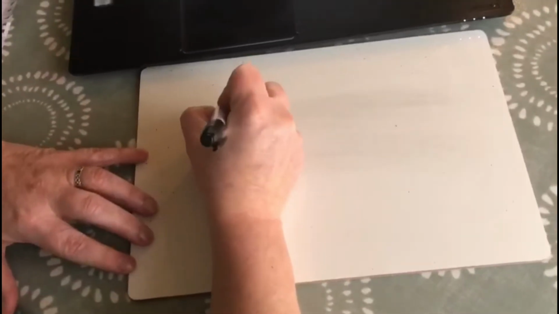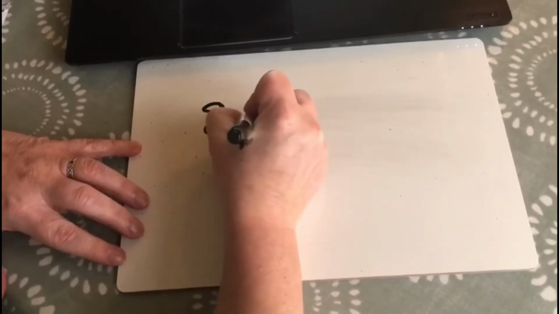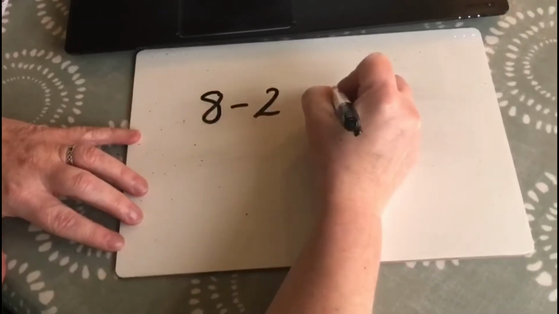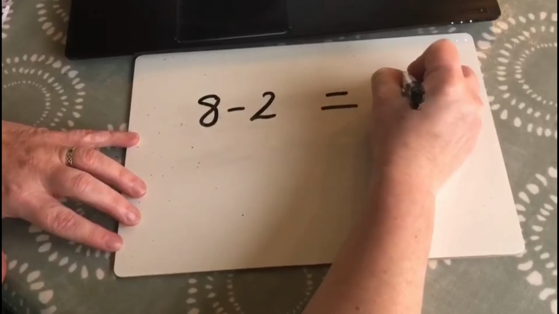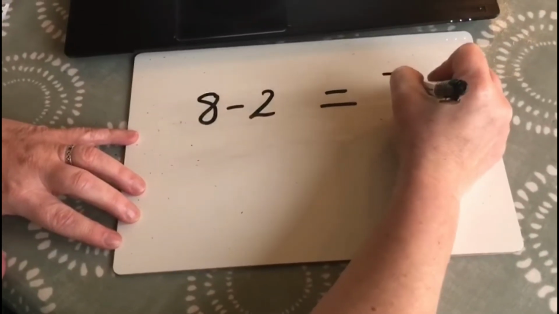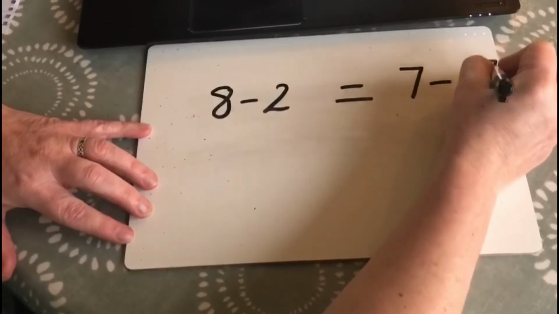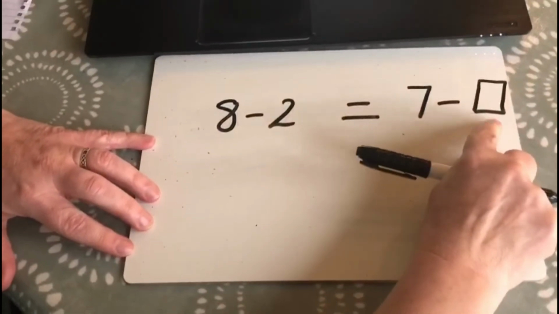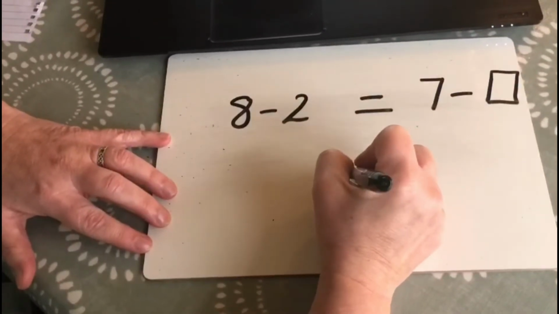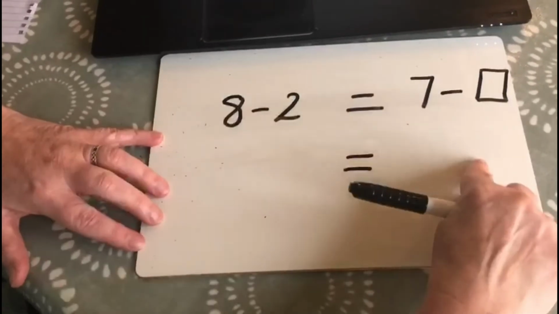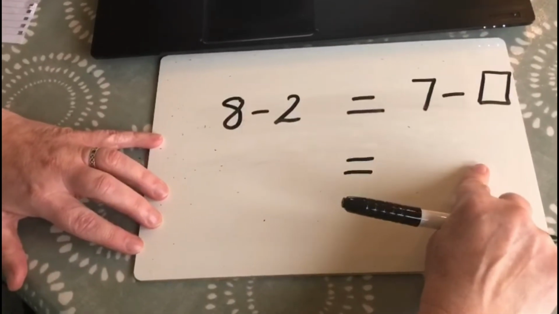So I could do 8 subtract 2 is equal to 7 subtract what? Okay, and we're going to try and find the missing number here. So remember, whatever we do to one side, we need to make sure we do the same to the other side.